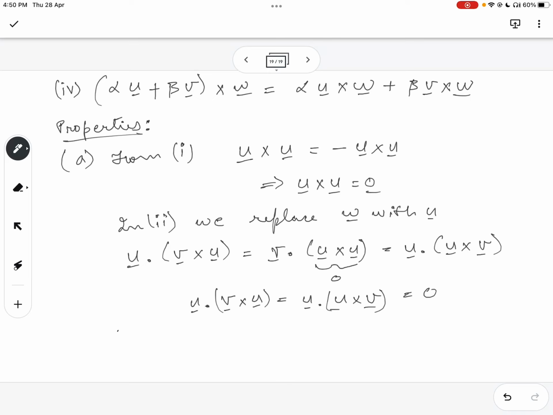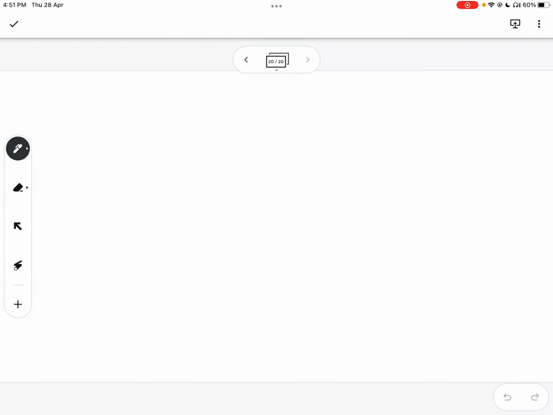Similarly, when we replace w with v, we get that v dot u cross v is 0. What does this mean? This means that u cross v is orthogonal to both u and v.